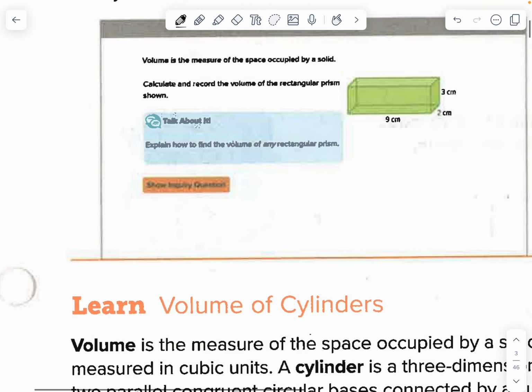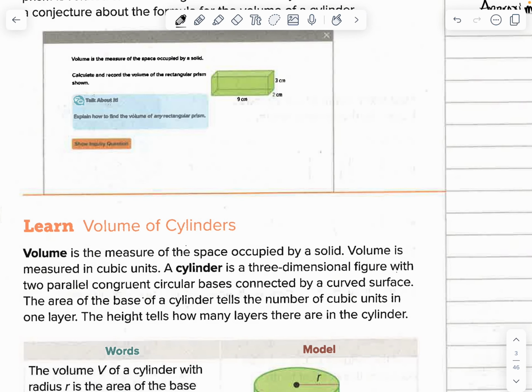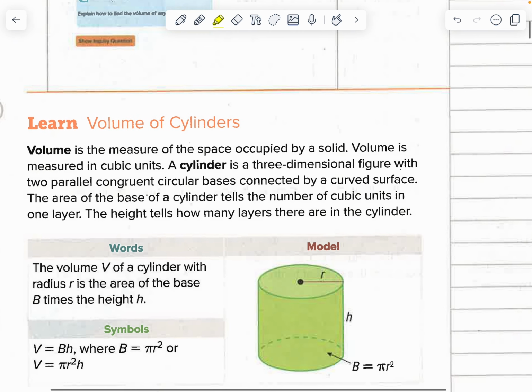Okay, so the first thing we're going to talk about is that volume, just in general, is the measure of the space occupied by a solid. So it's what's inside of it. If we're talking about a soda can, or a can of vegetables, the stuff inside of that is the volume of it.